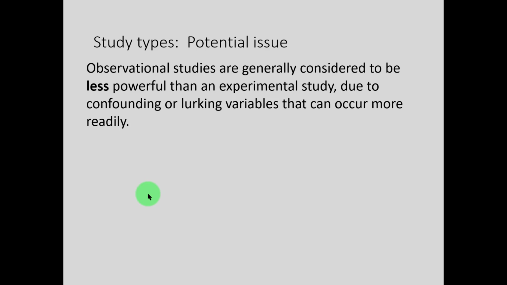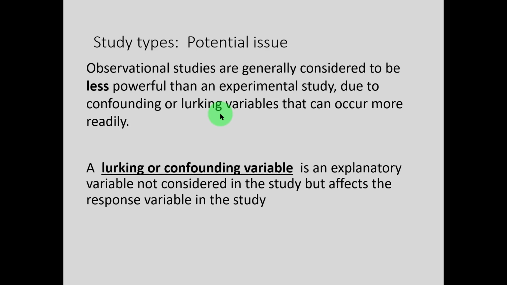Observational studies, because information is collected as the world is turning and not because of any control, are sometimes considered less powerful because of confounding or lurking variables that can occur. Confounding or lurking variables, which have different names, are variables that are not considered in the study but may affect the response variable of interest.